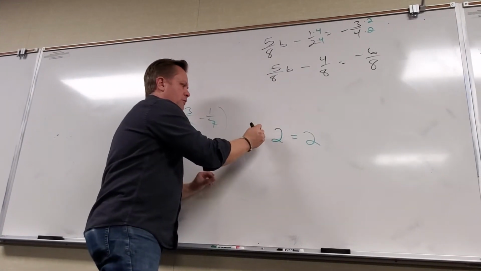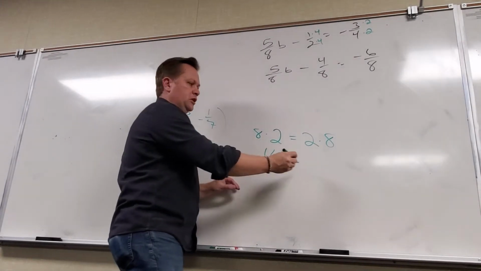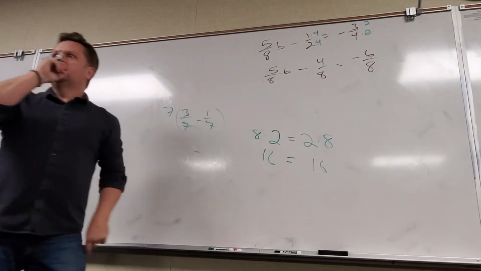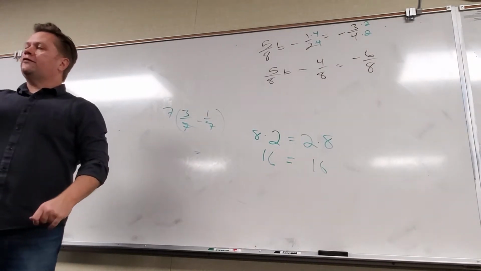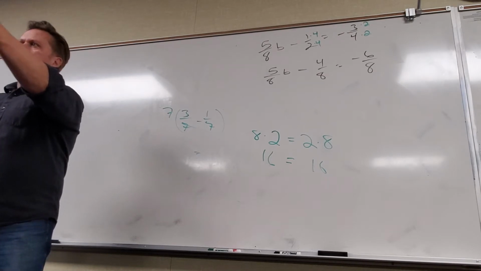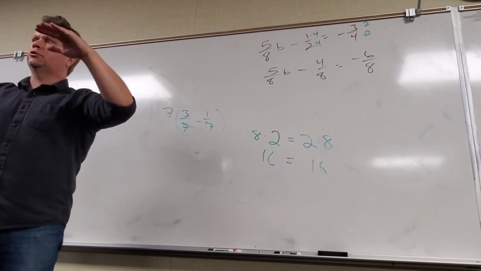If I multiply both sides by 8, they change, don't they? The sides change. But is the equality still true? Yes. Because it's fundamentally a statement about equality, that's why I'm allowed to multiply both sides, because the equality stays true.